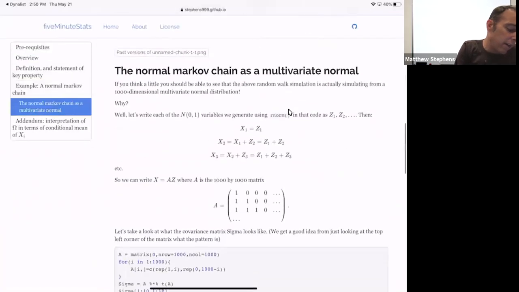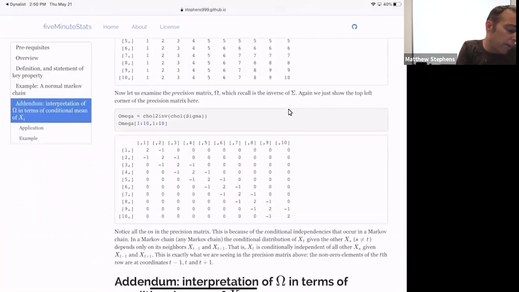If we look at omega, the fourth row has entries non-zero only for the third and the fifth, and its own fourth element. The diagonal is non-zero as well. The idea here is just to get your head around the fact that the precision matrix tells you about conditional independencies, and that can be a useful way of thinking about data.